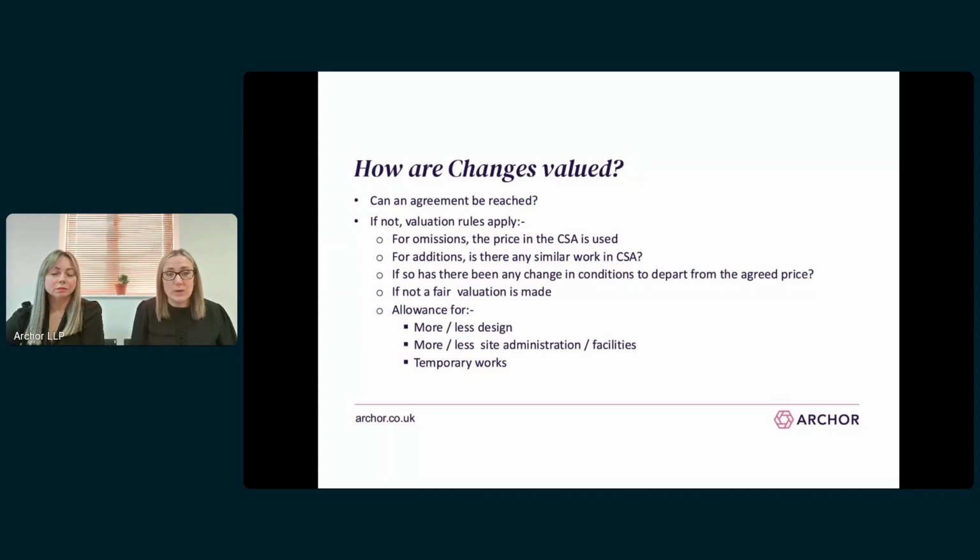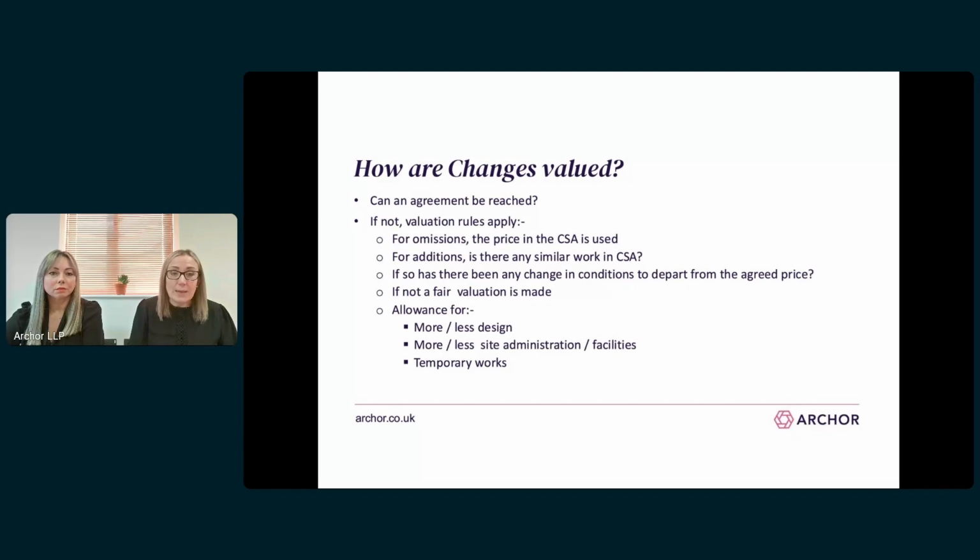However, in addition to this, we always recommend that any agreement on the value of a change is separately recorded in writing outside of that certification process, so that you've got evidence of the agreement. And this prevents either party trying to backtrack on that agreement later down the line, which is permissible if it's only been recorded in interim applications and interim certificates up to that point in time.